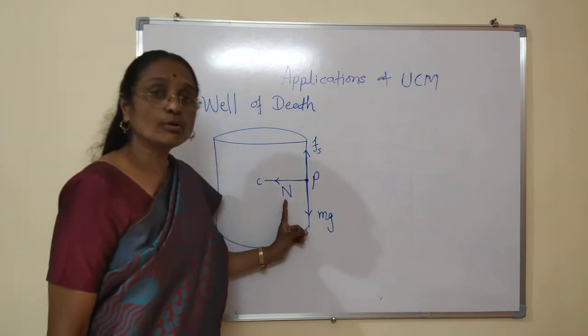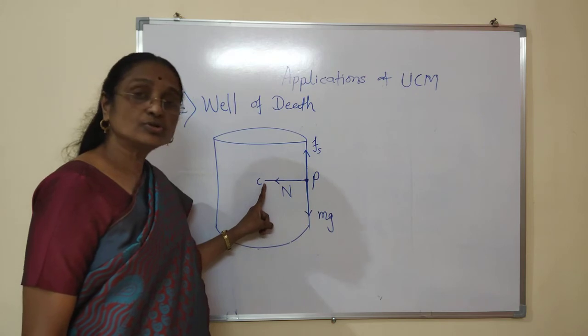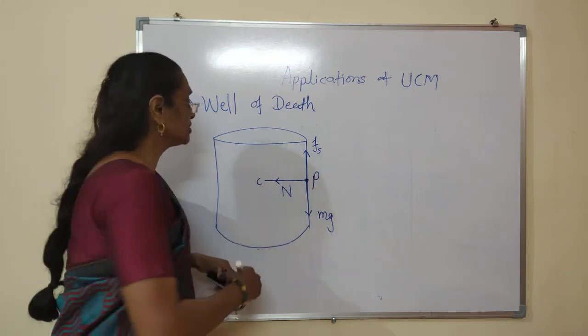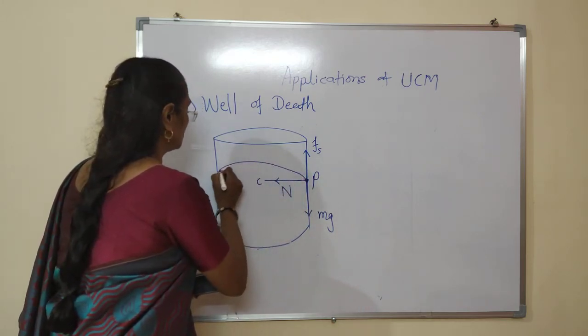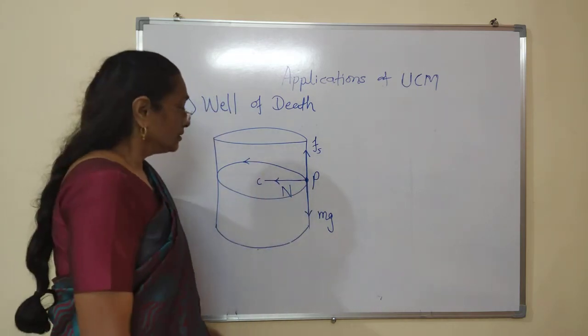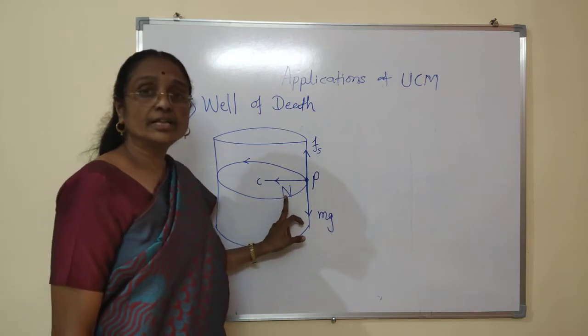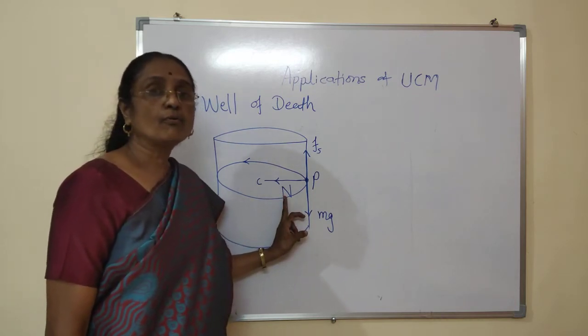So, as this normal reaction in this diagram is directed towards the center along the radius of the circular path, here we show the circular path like this, then this N is providing the necessary centripetal force.